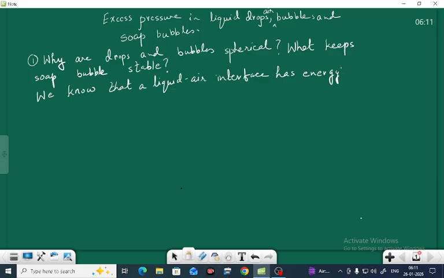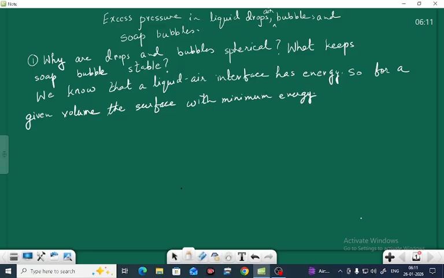So for a given volume, the surface with minimum energy is the one with the least area.